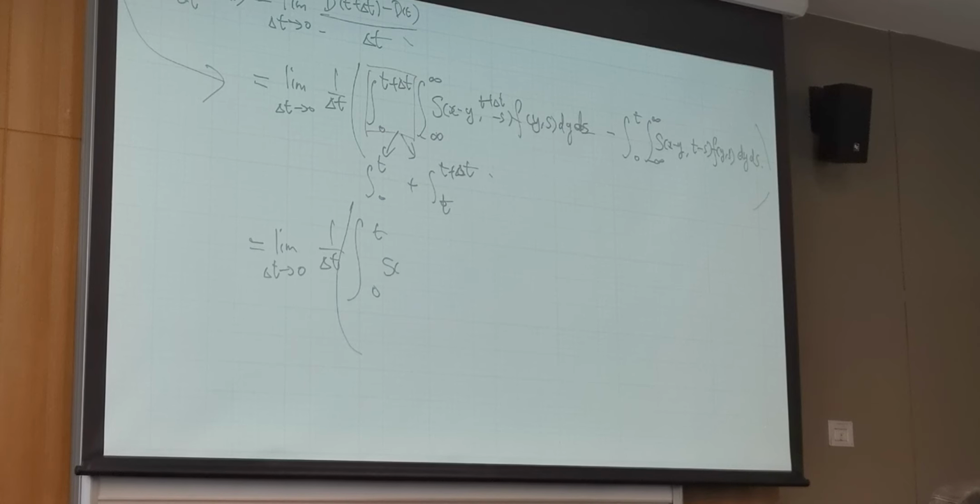So it's going to be s(x minus y, t plus delta t minus s) minus s(x minus y, t minus s), and then f(y, s) dy ds.